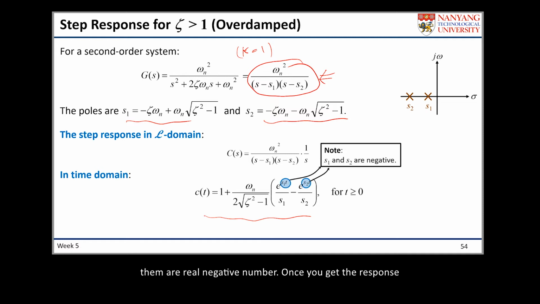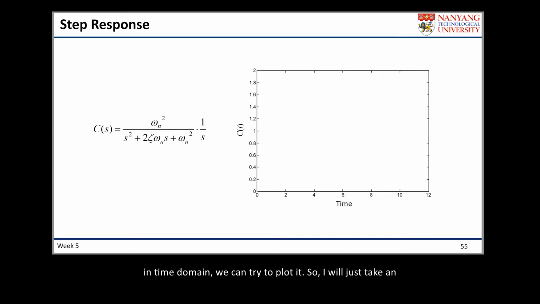Once you get the response in time domain, we can try to plot it. So I will just take arbitrary numbers for omega n and zeta, as long as zeta is greater than 1, and then I just plot it here. So this is the response in time domain. This is in particular an example when zeta equals 2. 2 is greater than 1, right?